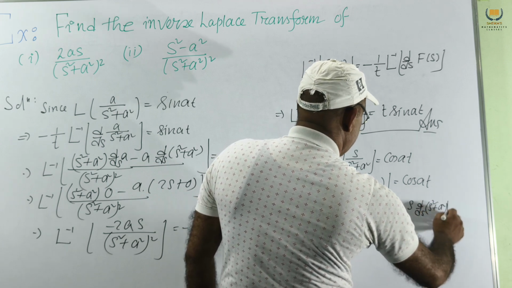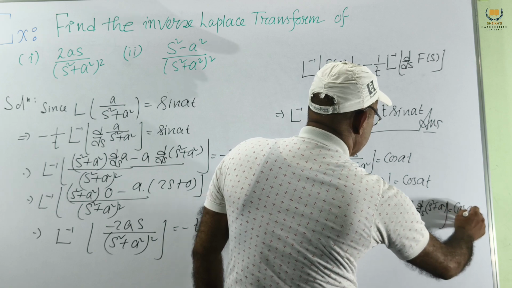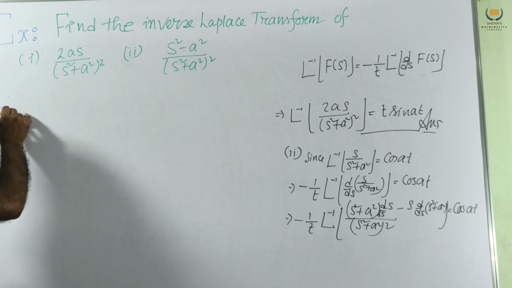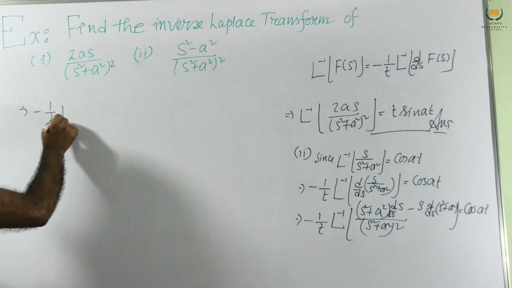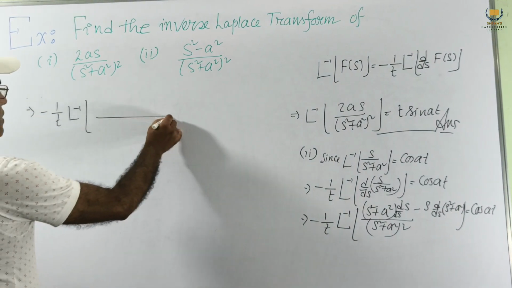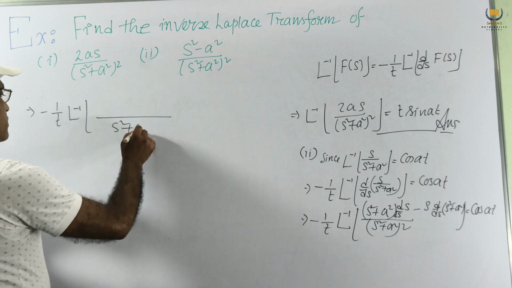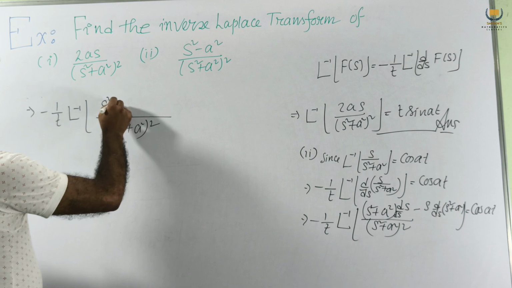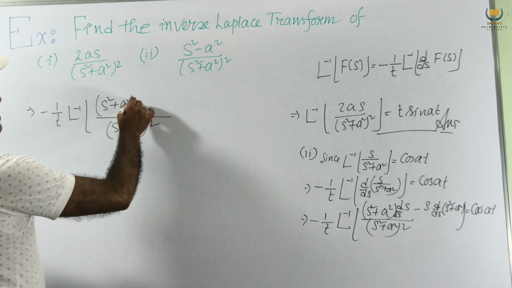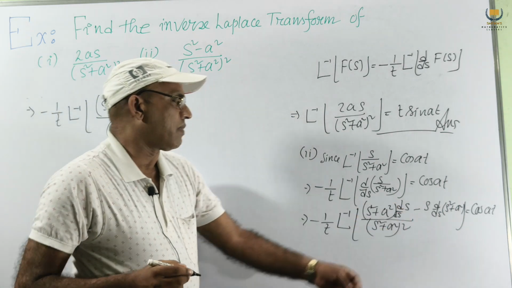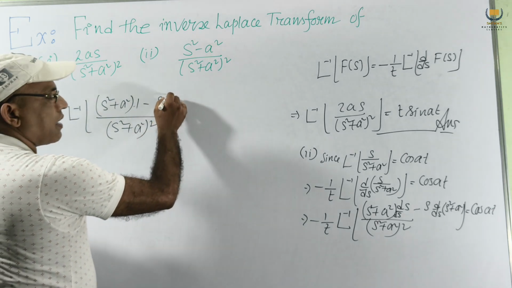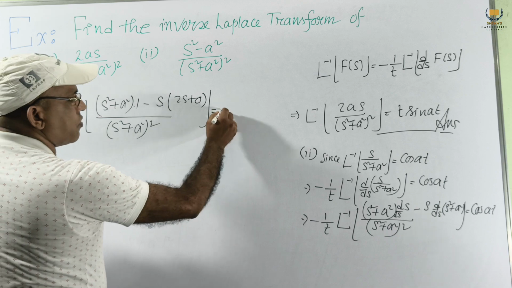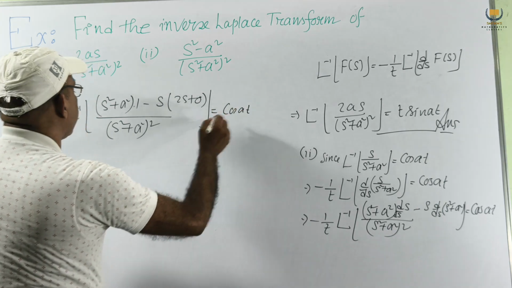We get (s² + a²) times 1 minus s times 2s, over (s² + a²)², and this is cos at.